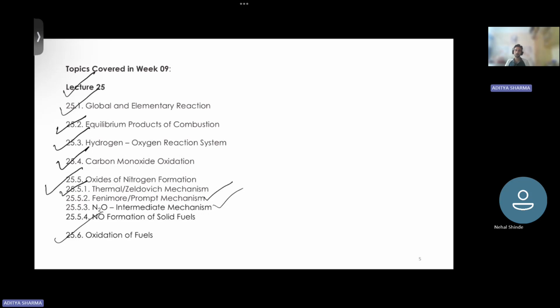Then is your prompt mechanism or Fenimore mechanism. So when the mixture of your fuel and oxidizer, for that if the equivalence ratio, that is denoted by phi, is greater than 1.2, okay, so this is a rich mixture, in that case, the prompt mechanism or Fenimore mechanism comes into picture as far as the nitric oxide formation is concerned.